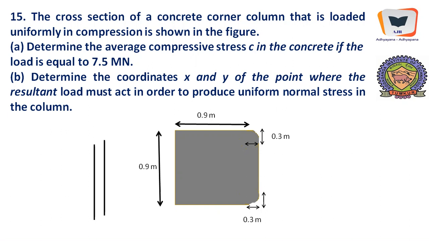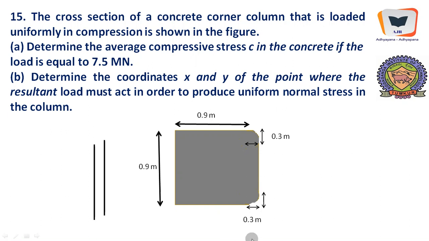However, as a repetition, this problem helps us understand that irrespective of the shape of the cross section of a load bearing component like a column, like a beam, or a machine component, the load should be placed in alignment with the axis that passes through the centroid of the cross section, or hence the CG of the component.